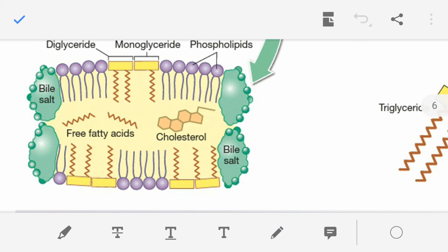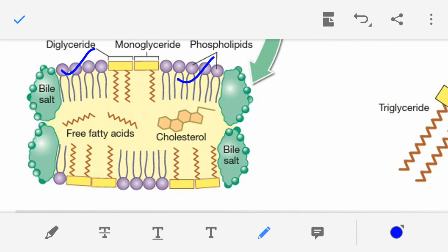Okay, and these are the exterior lecithin molecules.